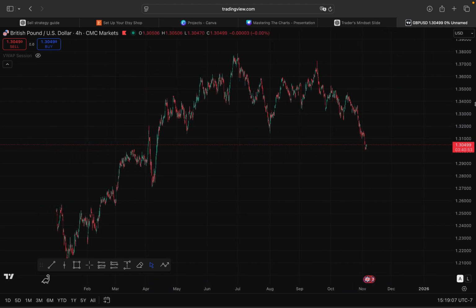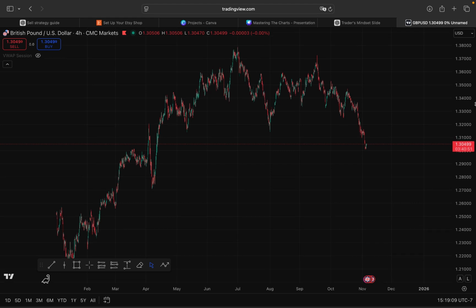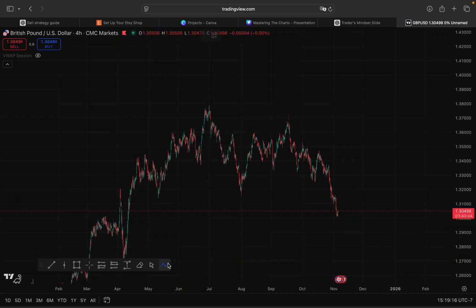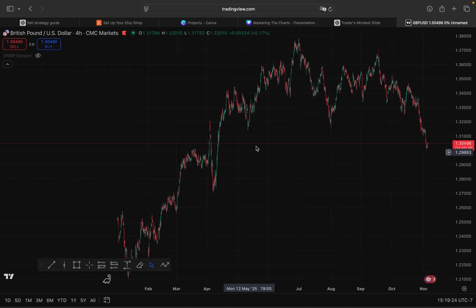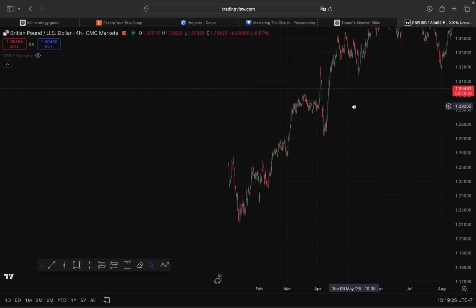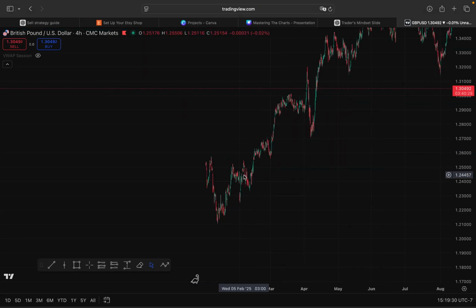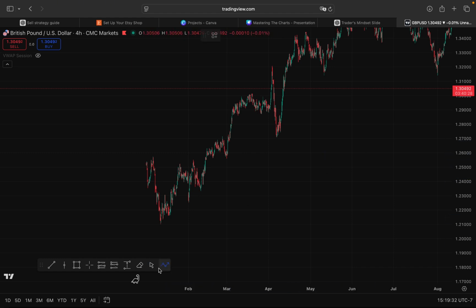The easiest way to do this, guys, is to grab your little tool right here and just mark up the highs and lows of the chart, right? Let's go right here to make this a little bit easier for you guys. So you take your tool right here and you can mark up the highs, the lows, right?